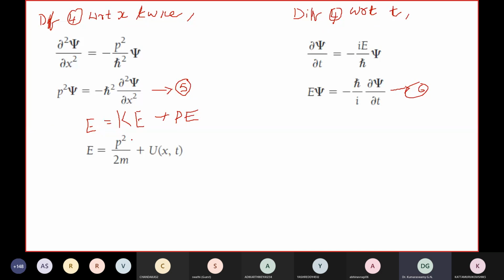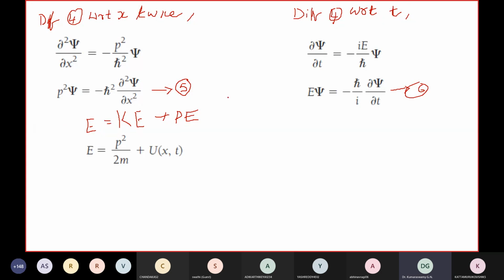Kinetic energy can be written as P square by 2m, and potential energy can be written as U of x, t. Of course, it may depend on x and t, or it may depend on only x. But let's not bother. It's a function of both position and time. So E is equal to P square by 2m, which is called kinetic energy, plus U.